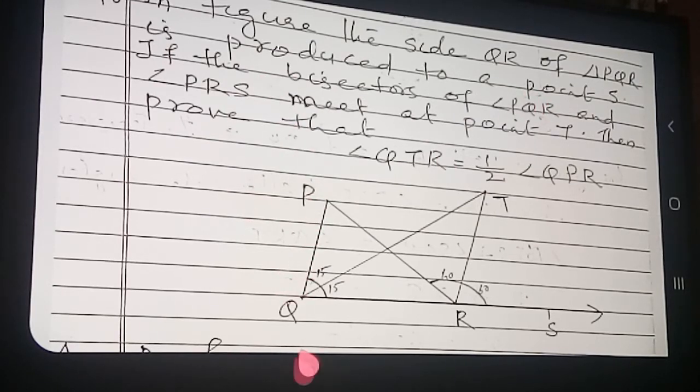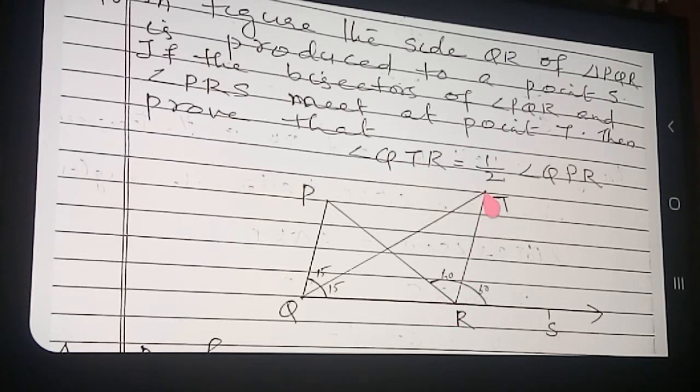In the figure, this is the side QR. It is extended, or produced, to S. If the bisectors of angle PQR, which angle? Angle PQR is this one. Bisector of angle PQR means QT is the bisector of angle PQR. Next, bisector of PRS. This is angle PRS. Which is the bisector of PRS?